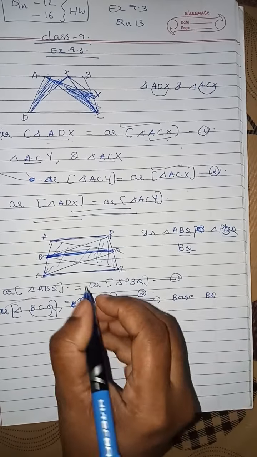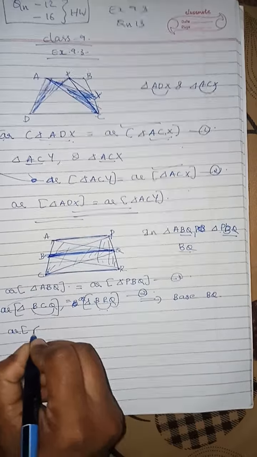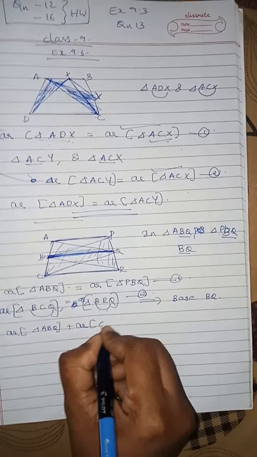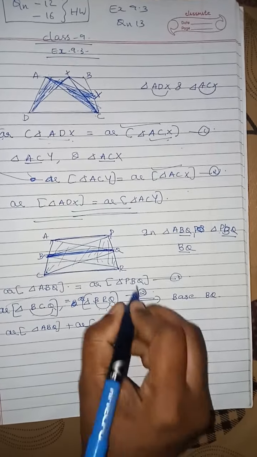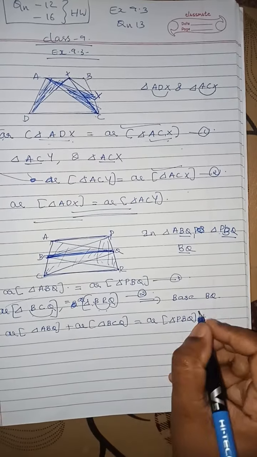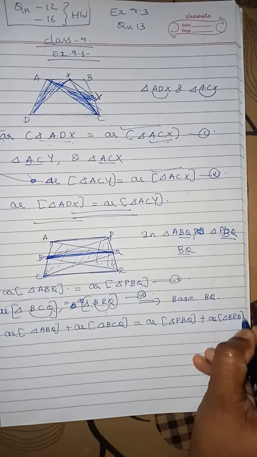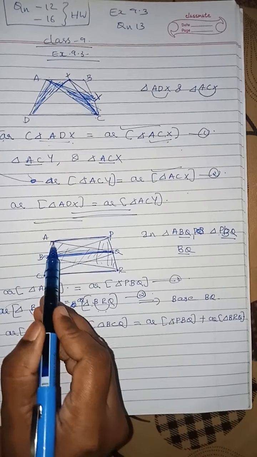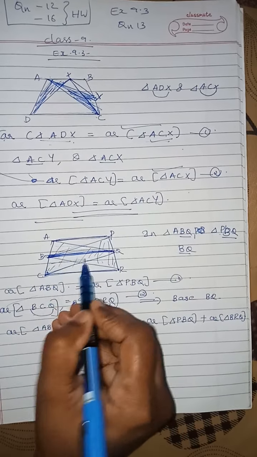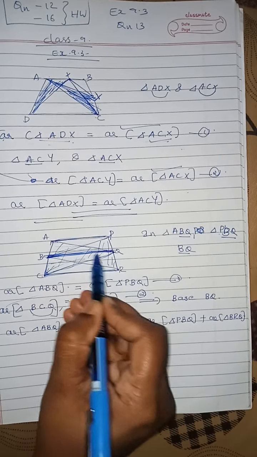Okay. Next I am adding these two equations. On the left hand side we will get area of triangle ABQ plus area of triangle BCQ, which is equal to, on the right hand side, area of triangle PBQ plus area of triangle BRQ. If we add ABQ and BCQ, we will get triangle AQC, correct?